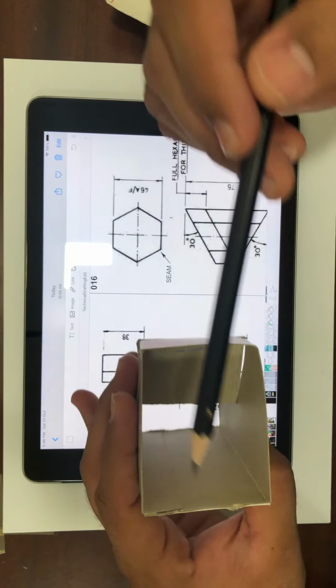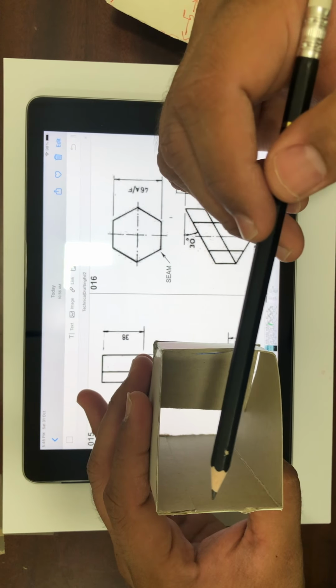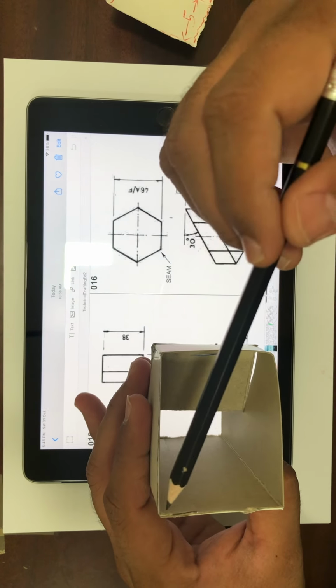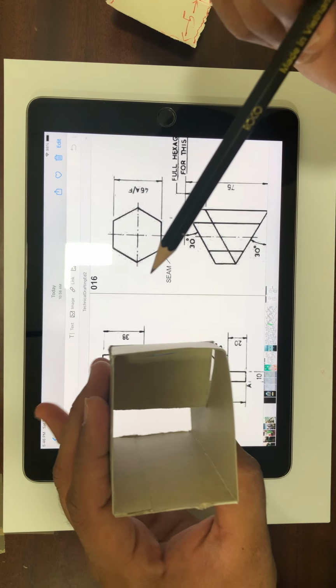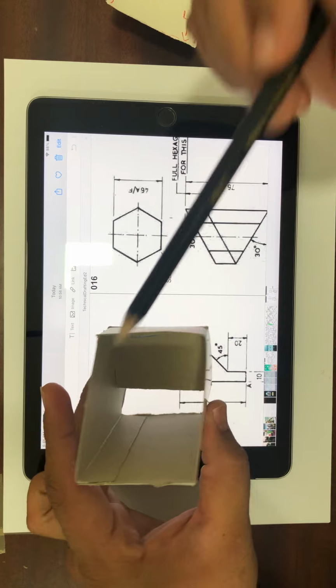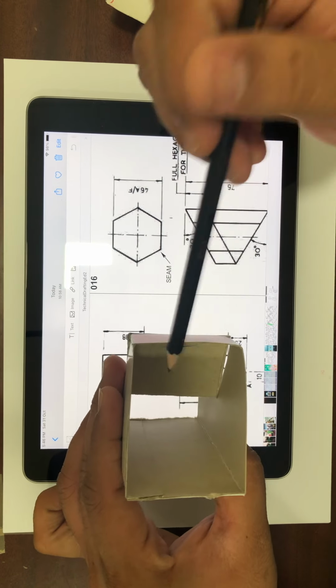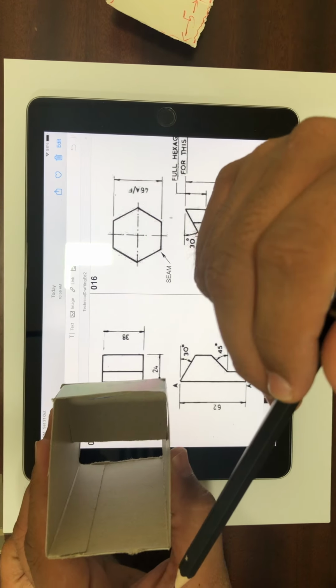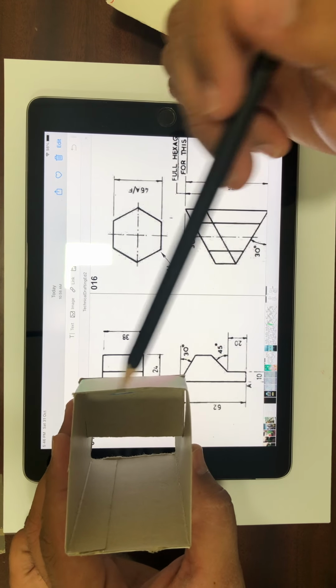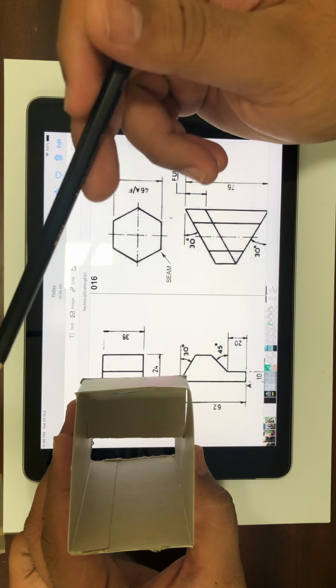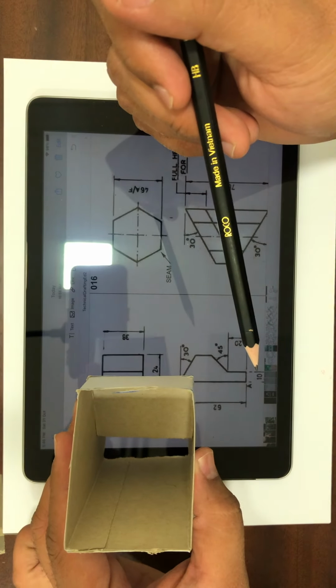So what about the top view? Now let's look at the top view. In the top view, you will see only the inside rectangle and this rectangle. You will see two rectangles. So what is the total width of this figure? This is 24, and this is how much? 38.